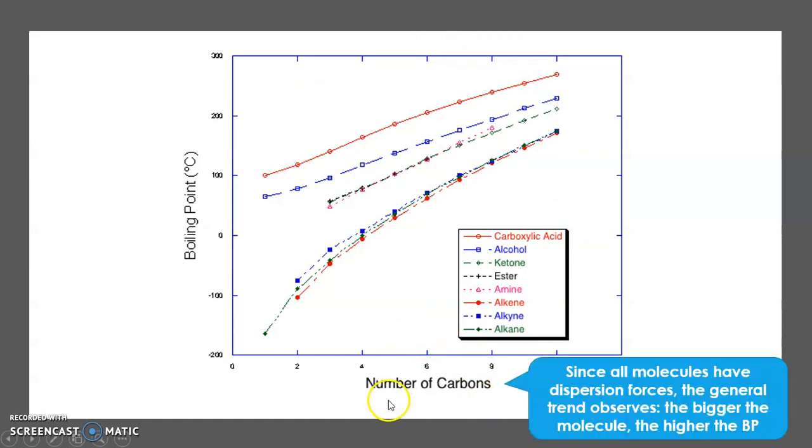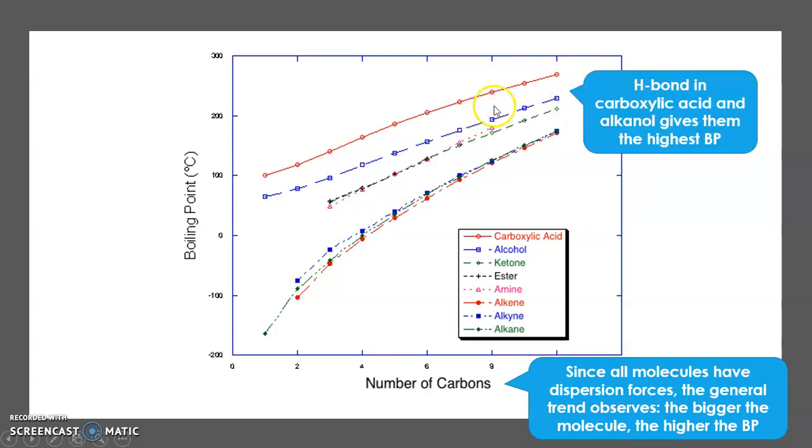But first of all, we notice that since all molecules have dispersion forces, the general trend still fits here. So the longer the chain, the bigger the molecule, the higher the boiling point. For each category of compounds, the same trend is observed. And then from the top, you have carboxylic acid, followed by alcohol.